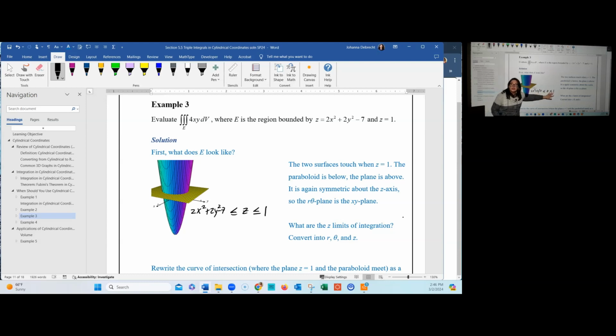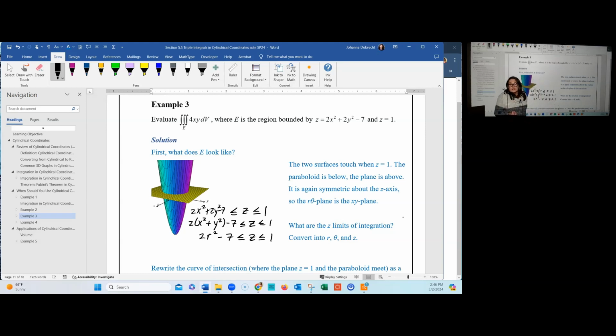However, this is written in terms of rectangular coordinates. To write it in terms of cylindrical coordinates, I need to replace x and y. You could replace them with r cosine theta and r sine theta, but it's easier if you recognize that you have a common factor of 2 on the first two terms, which allows us to then write this as 2r squared minus 7 less than or equal to z less than or equal to 1.